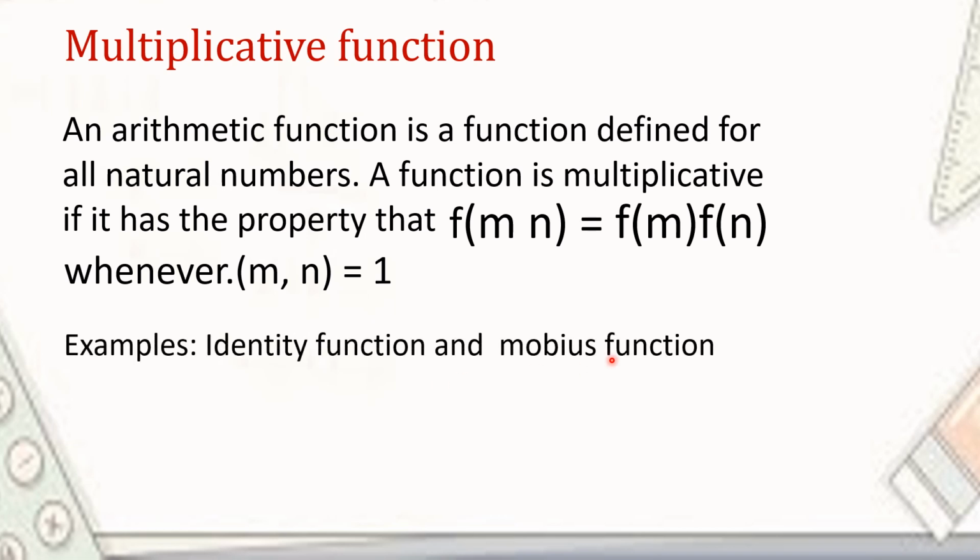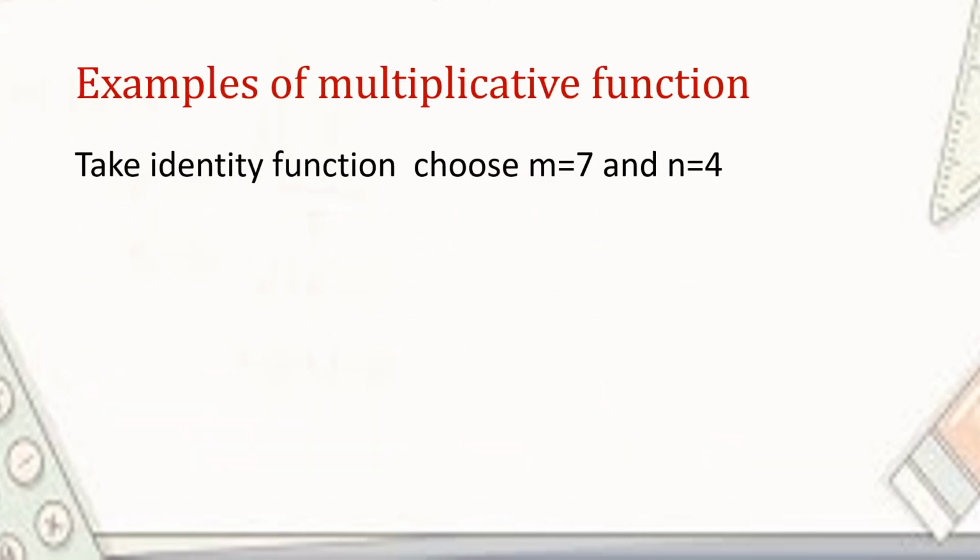Let us solve some examples of multiplicative functions. Take the identity function. Choose m is equal to 7 and n is equal to 4. Here the GCD of 7 and 4 is equal to 1. They are co-prime.